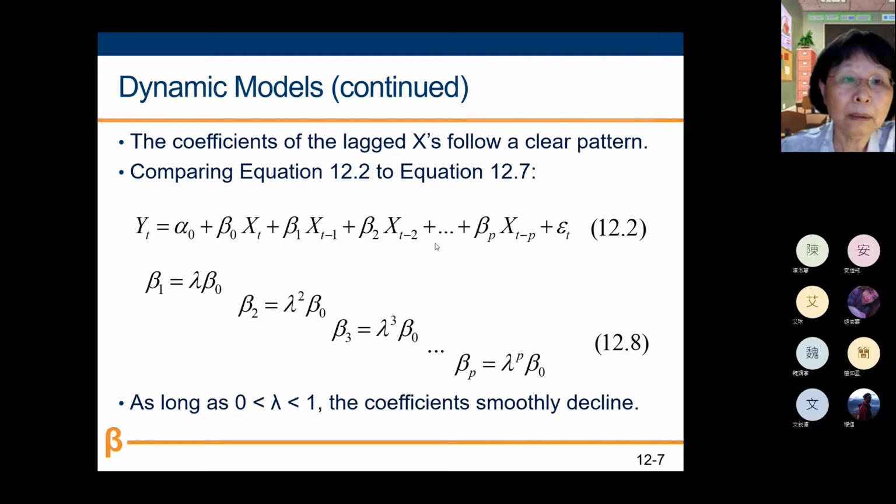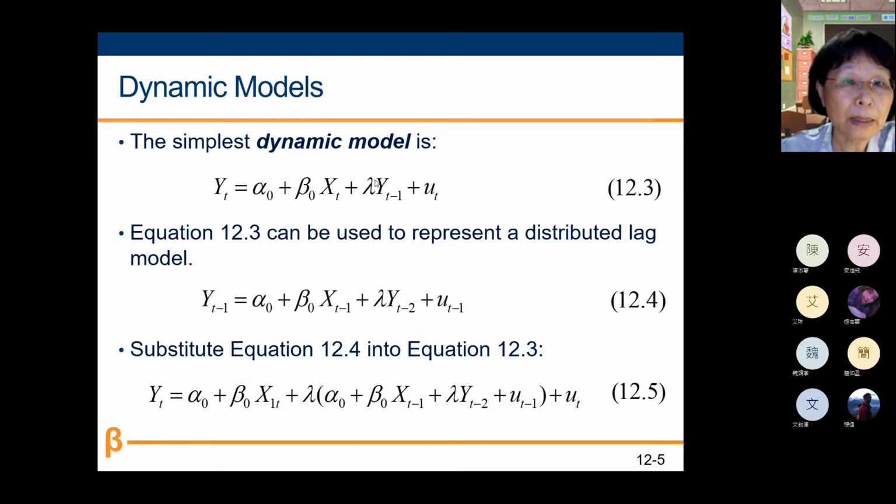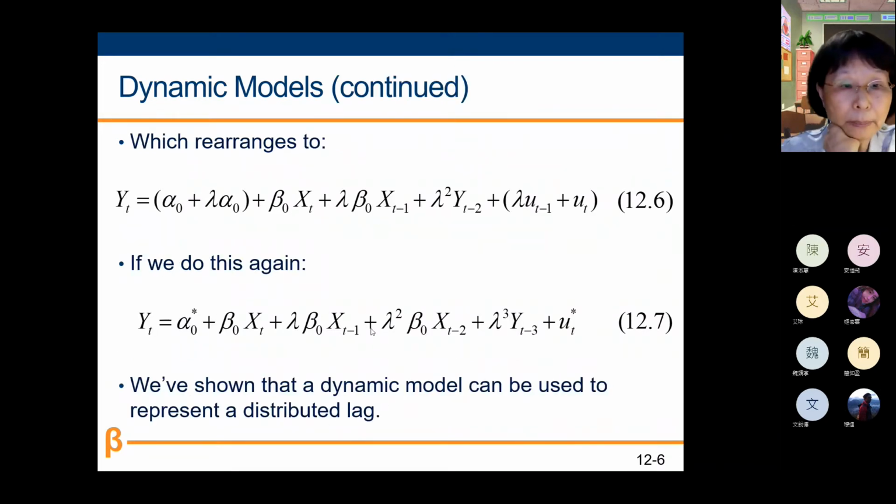The coefficient of all these lag x variables can be expressed as the original coefficient of xt times lambda, which is the coefficient of the one lag of the y variable. Any questions about that?